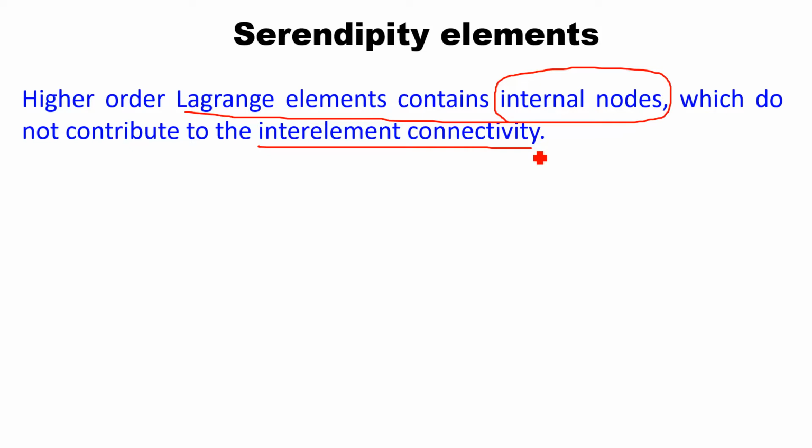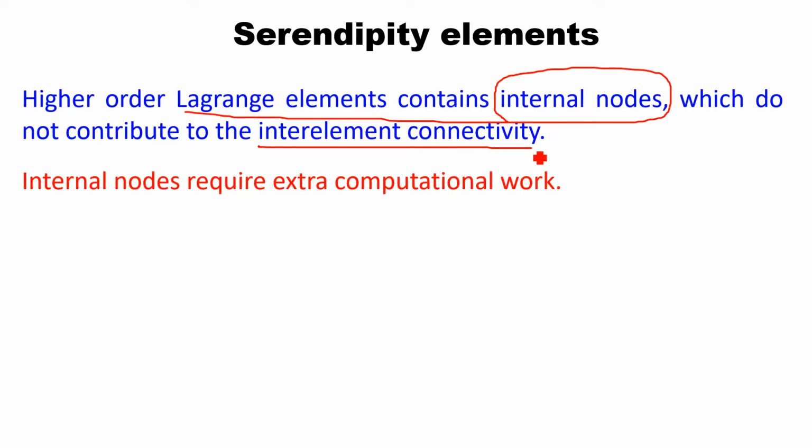If you remember our lecture on convergence criteria of displacement function, the very first criterion is that the displacement function must be continuous and compatible within the element. Continuous means the second element should start by taking one edge common from the first element. It means there will be one edge common between two elements, and if one edge is common, the nodes on that edge will also be common.